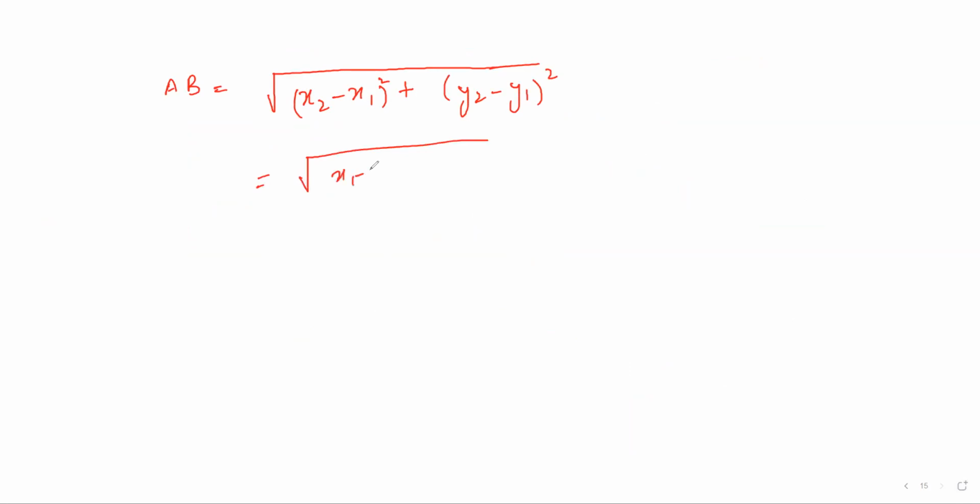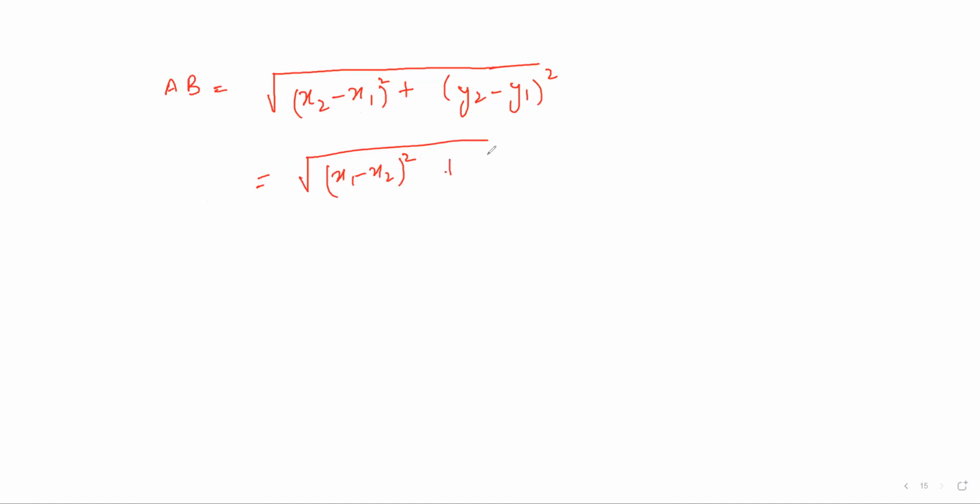Now, there's an interesting thing about this formula. If I write it like this, x2 minus x1 whole square plus y2 minus y1 whole square, I can also write it like this, x1 minus x2 whole square. No problem, because I have a square here. If I take a minus sign outside and do the square, I'll get the same thing. Is this understood? Yes, ma'am.